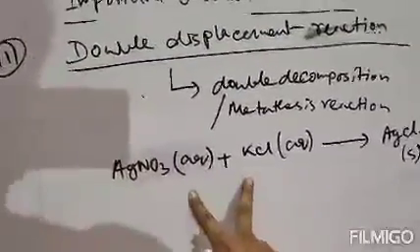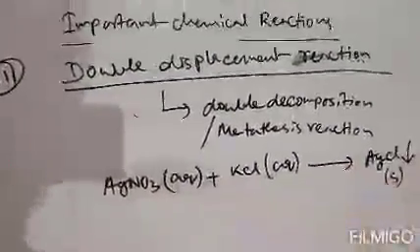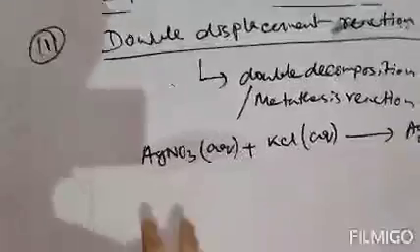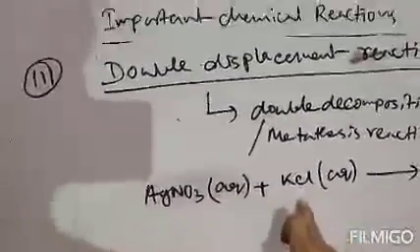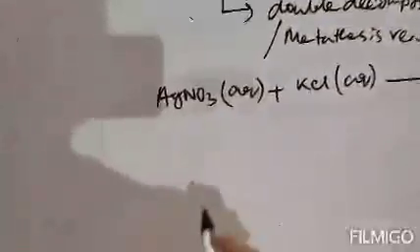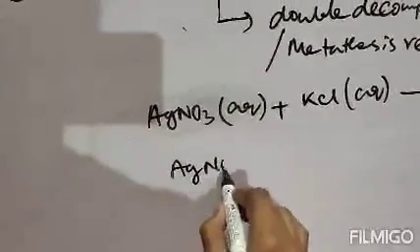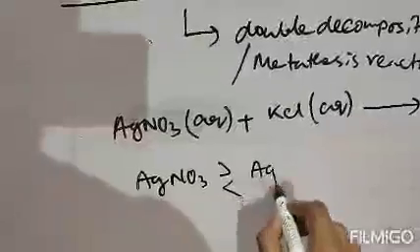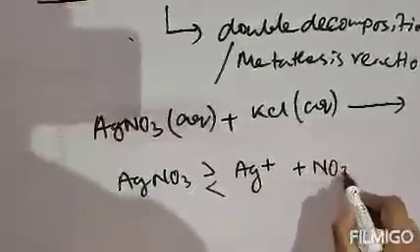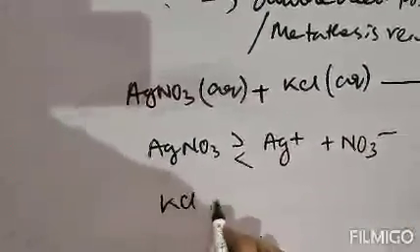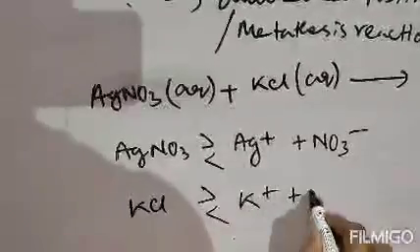that is potassium nitrate. Now this is an aqueous solution and this is an aqueous solution. When two aqueous solutions are treated, a double displacement reaction will take place. That means AgNO3 will break down and KCl also breaks down, and then they exchange their ions. AgNO3 breaks down into Ag plus and NO3 minus, and KCl breaks into K plus and Cl minus.